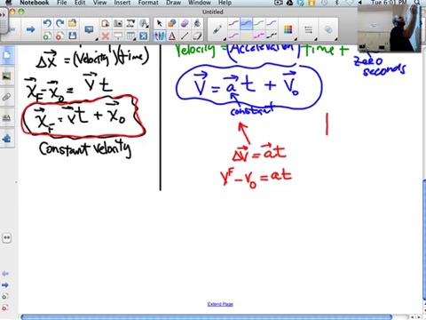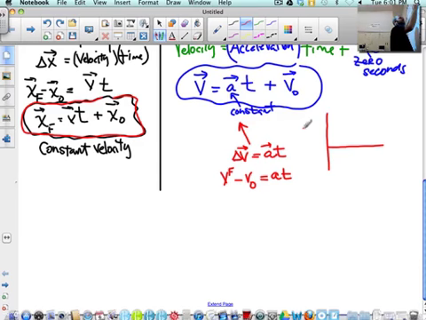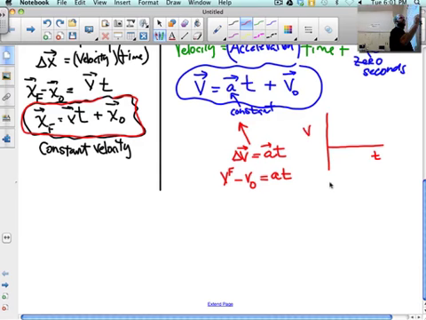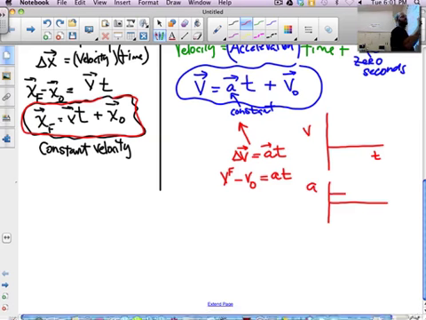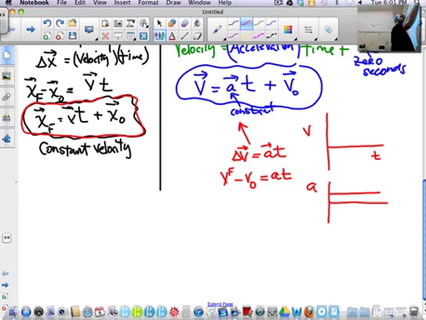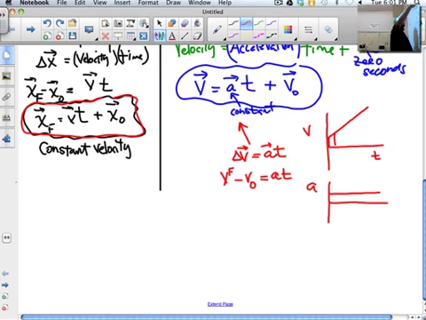So we got a velocity time graph that looks like this, and we got an acceleration time graph, for example, that looks like this. Okay. Notice this shape here is a trapezoid.